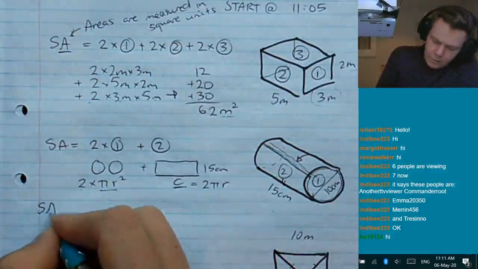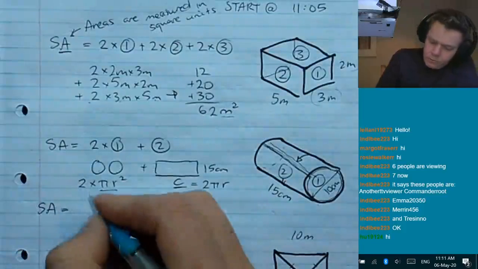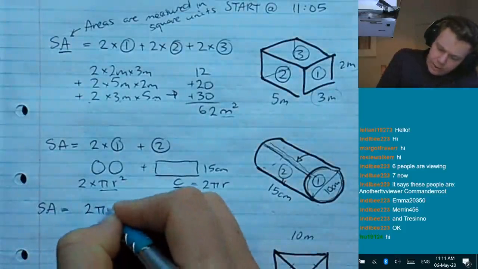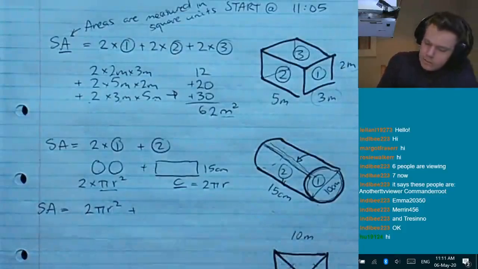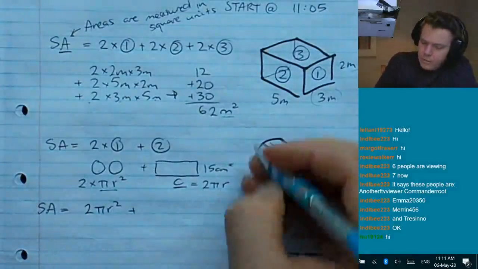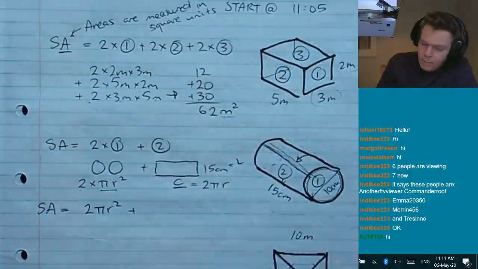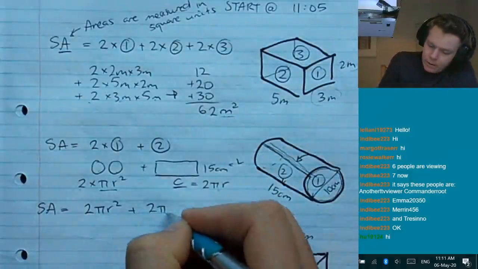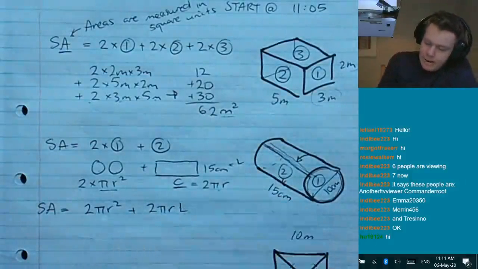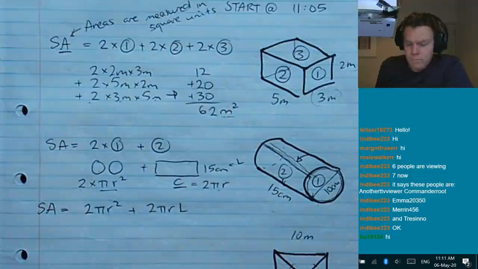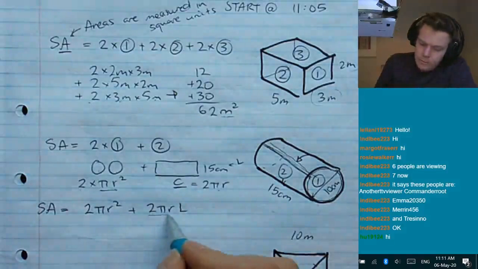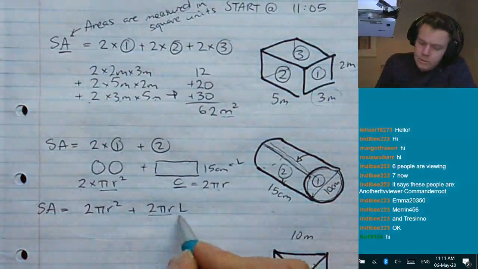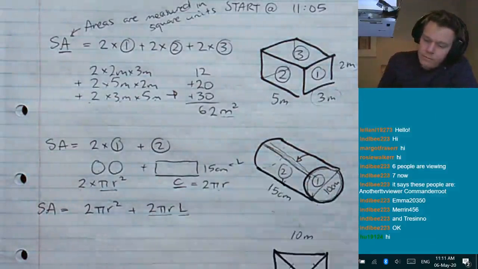So our surface area is going to equal 2 pi r squared plus, we should give this a name, we'll call this L, the circumference times L, 2 pi r L. So circumference of the circle times the length of the can.